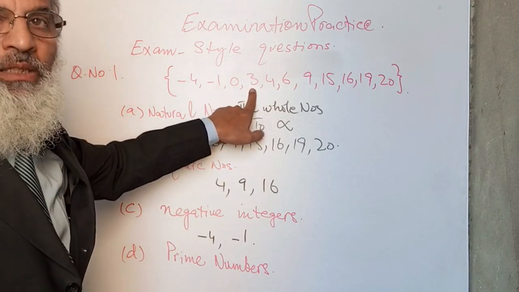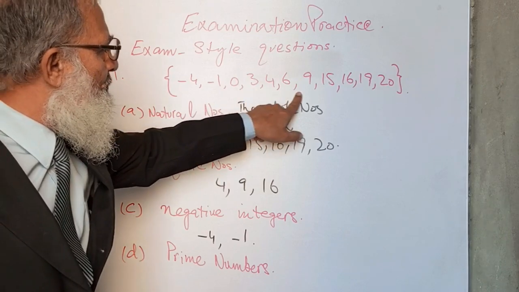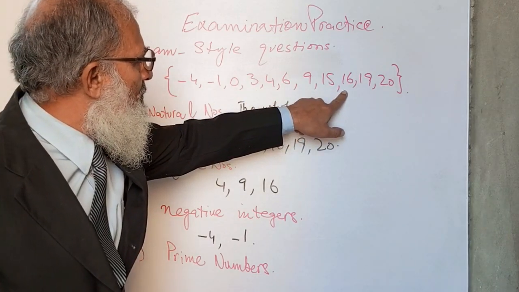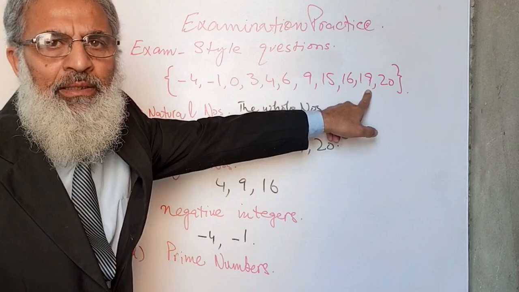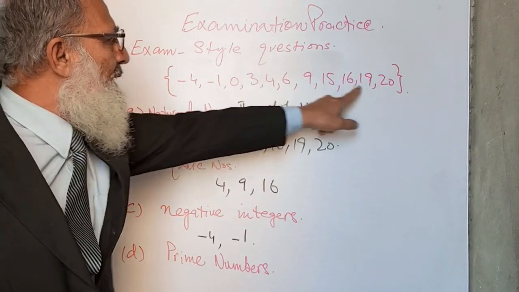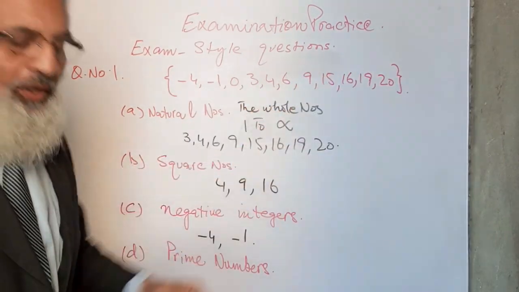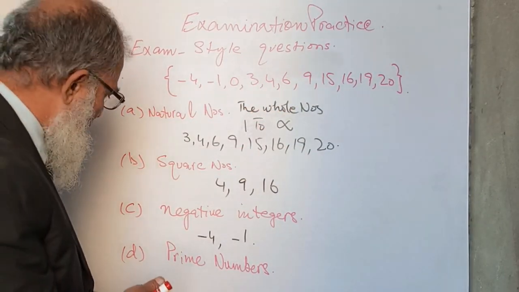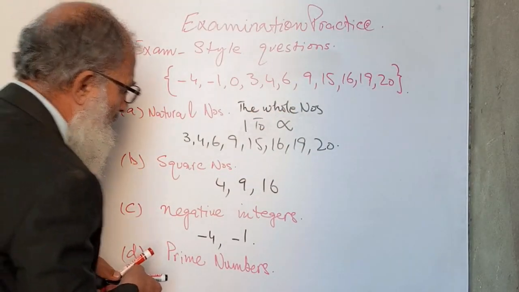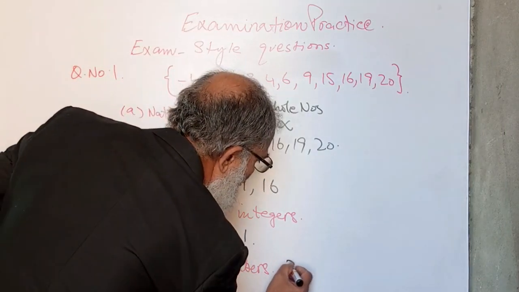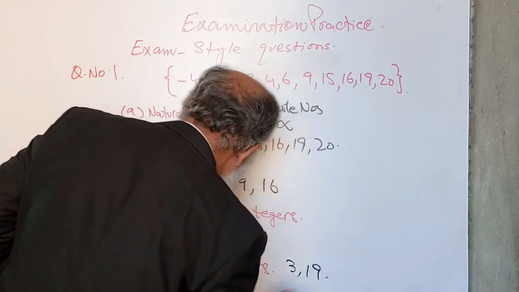So 3 is a prime number over here, and 19. 3 and 19 are the two prime numbers over here. The rest of all are not prime numbers.